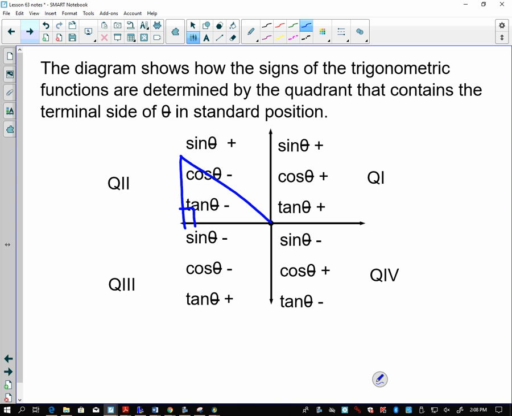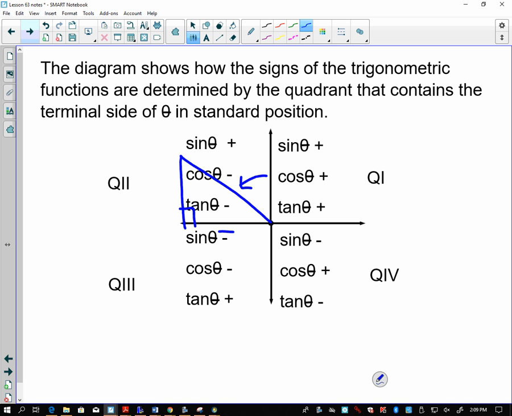If this is my terminal side, that makes this my hypotenuse, and this is my adjacent side, which is negative, left of the y-axis. So even though the hypotenuse is positive, I'm taking a negative and dividing it by a positive.